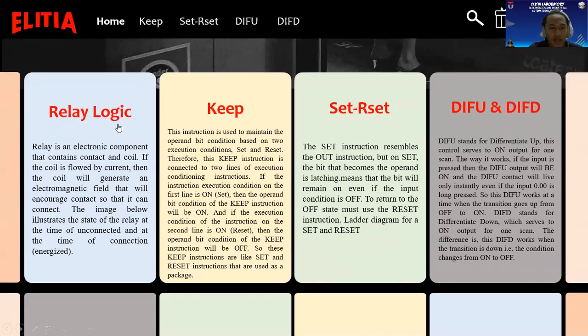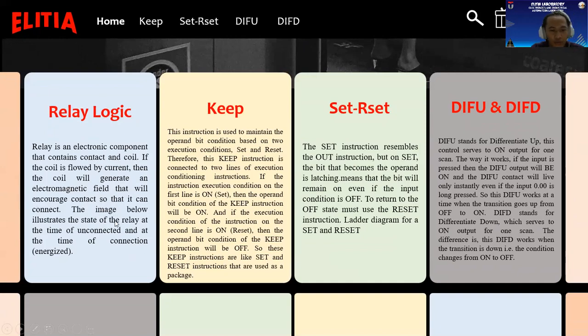For the first is relay logic. Relay is an electronic component that contains contact and coil. If the coil is energized by current, then the coil will generate an electromagnetic field that will move the contact so that it can connect.